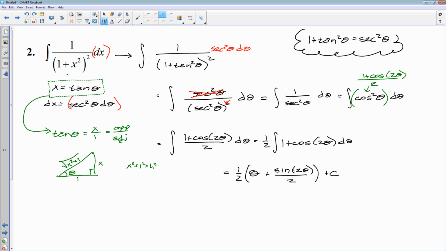The problem here is this is sine of 2 theta, not sine of theta, and my triangle has 1 theta in it. So I've got to deal with that somehow. There is an identity for sine of 2 theta that says sine 2 theta is equal to 2 sine theta cosine theta.